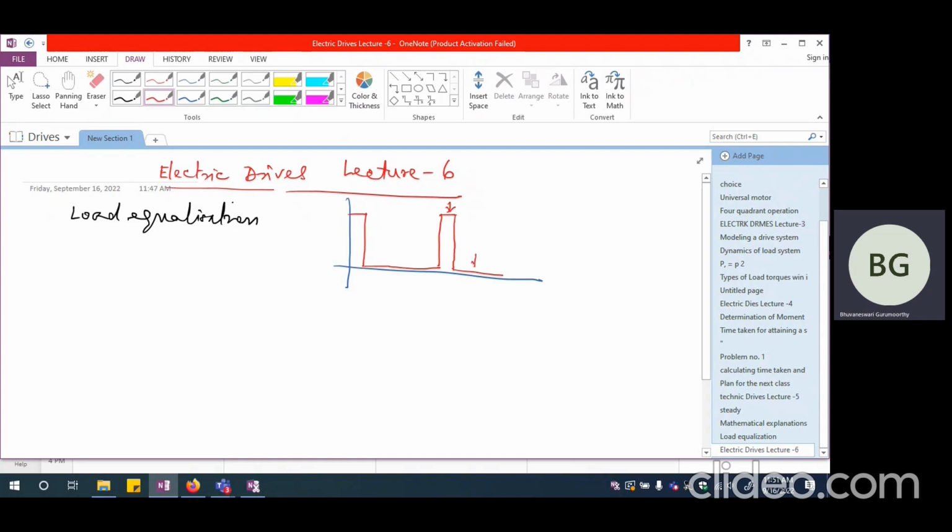Other than that, you are going to see continuously the motor is rotating, but with very light load torque. So this is the time versus the load torque variation. This is how it is going to be.